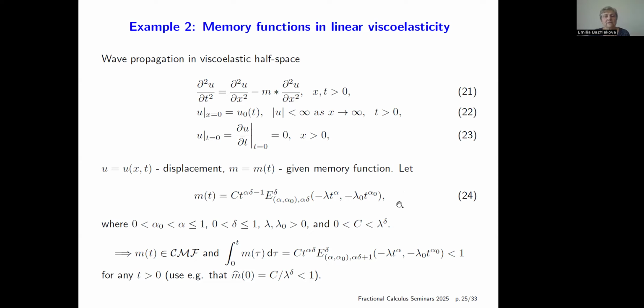Let us take for the function M a binomial Mittag-Leffler function with such restrictions on the parameters. These restrictions imply that this function is completely monotone and the integral of it is less than 1.